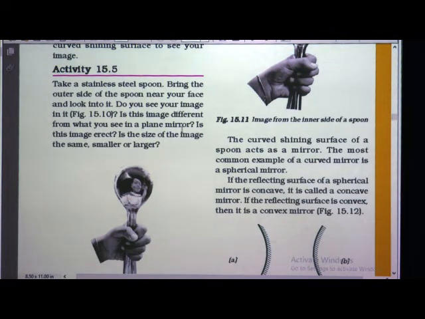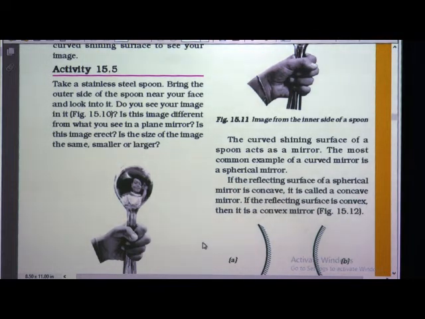So, when you see your image in a plain mirror, what is the difference between the image in a plain mirror and the image on this spoon? Is this image erect? Is the size of the image the same, smaller or larger?